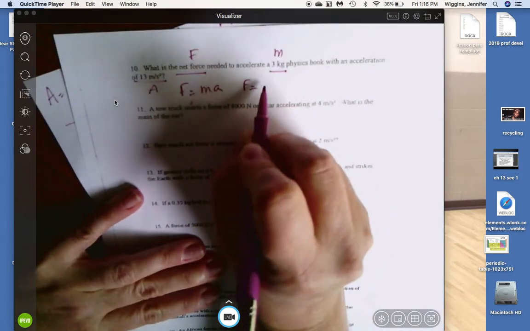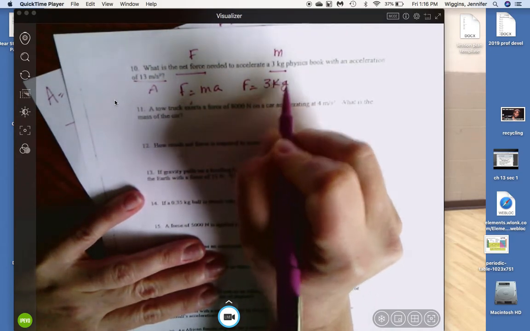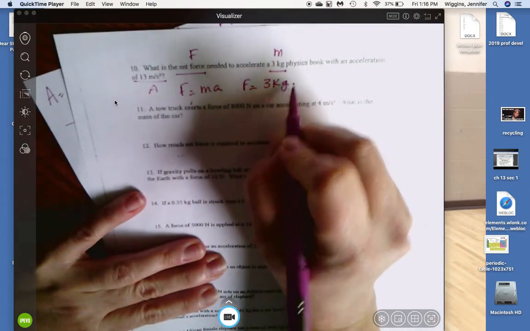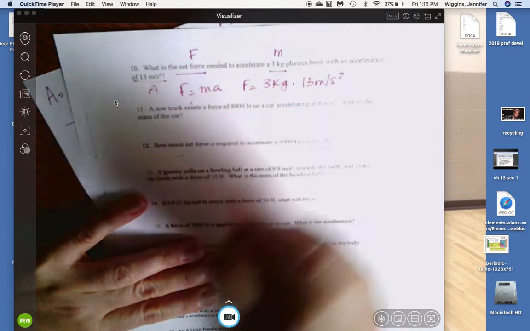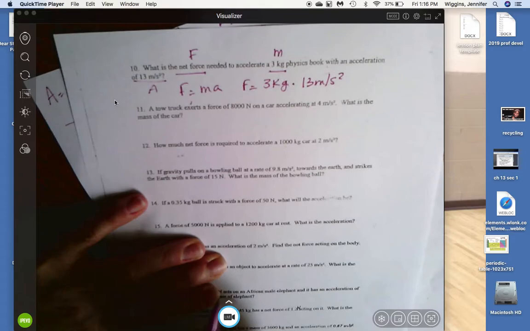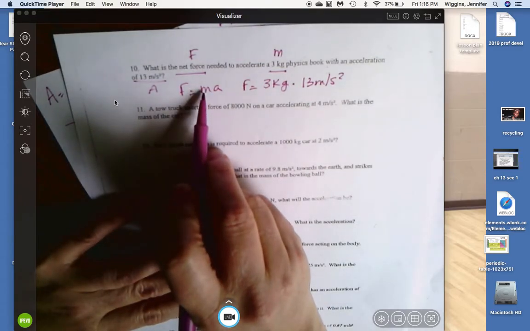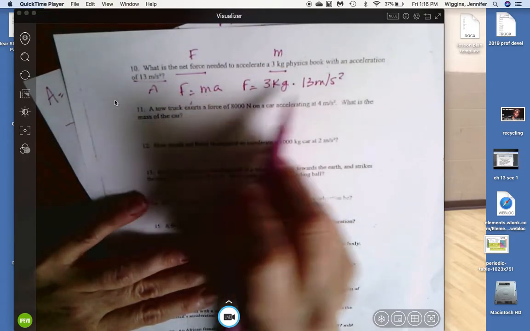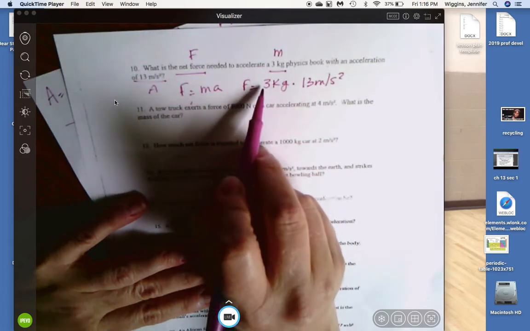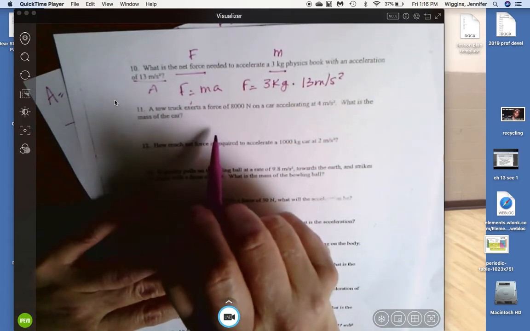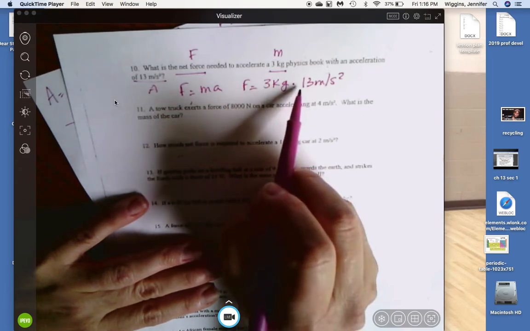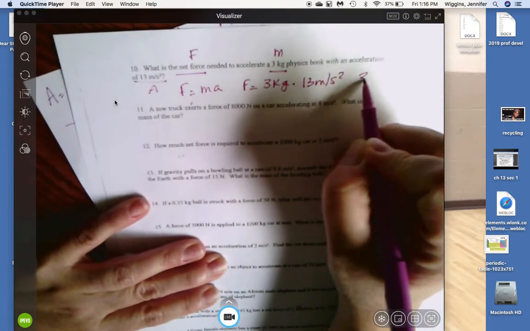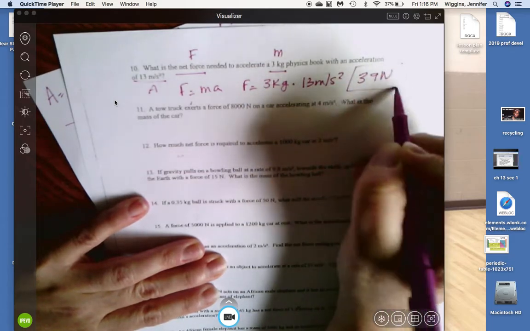My mass is 3 kilograms, and my acceleration is 13 meters per second squared. So you just multiply your mass and your acceleration, and then you get your force. With this one, 3 kilograms times 13 meters per second squared equals 39 newtons.